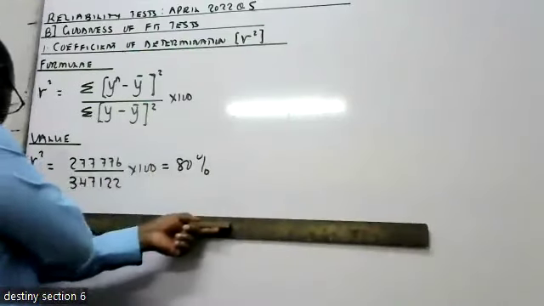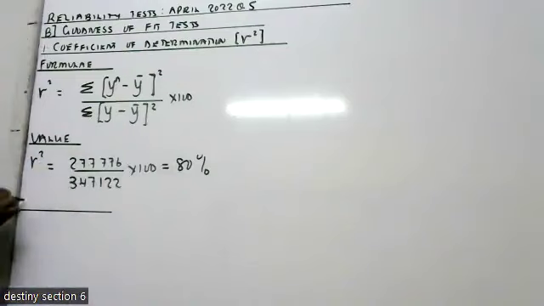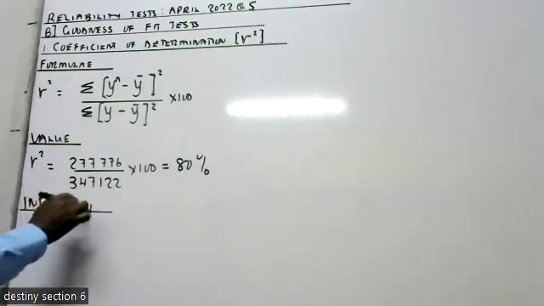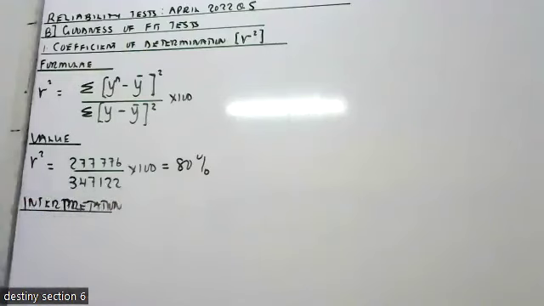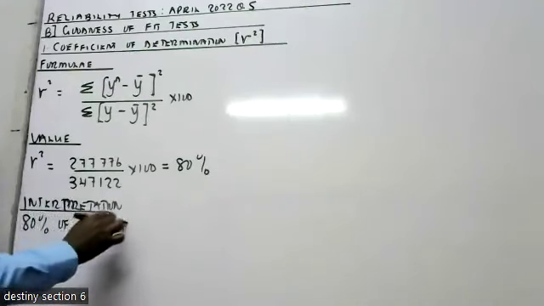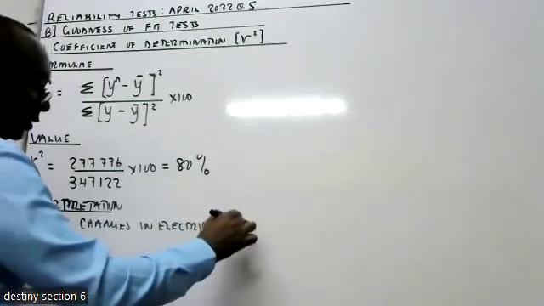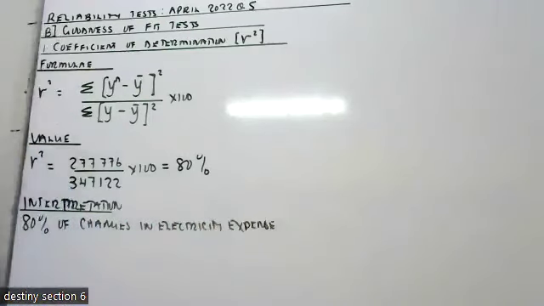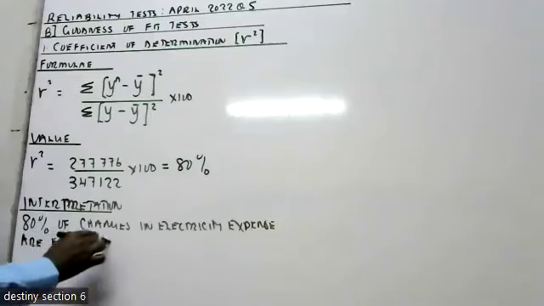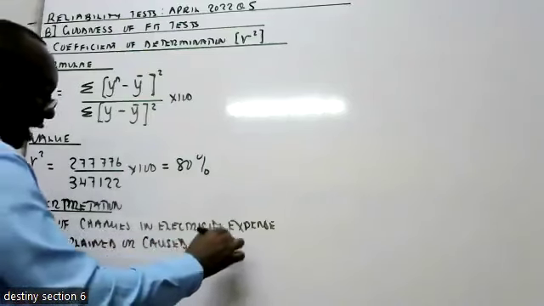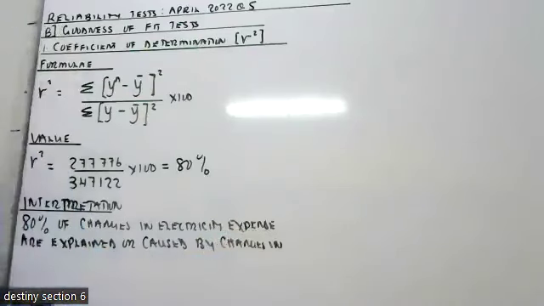So we are told to interpret this. The interpretation is that 80% of changes in electricity expense are explained or caused by changes in machine hours.